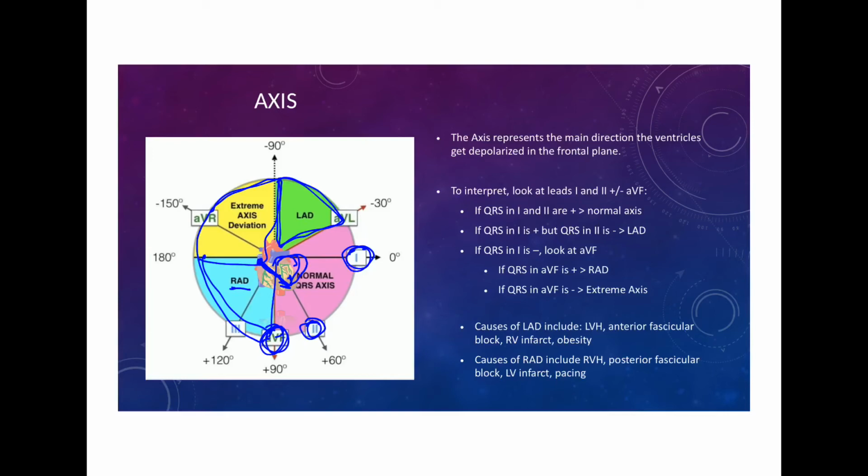And the causes of either of these conditions would be someone who had severe right ventricular enlargement or hypertrophy, a posterior fascicular block, or a significant myocardial infarction affecting the left side of the heart, which would take away muscle mass on this side and shift things more towards this side.